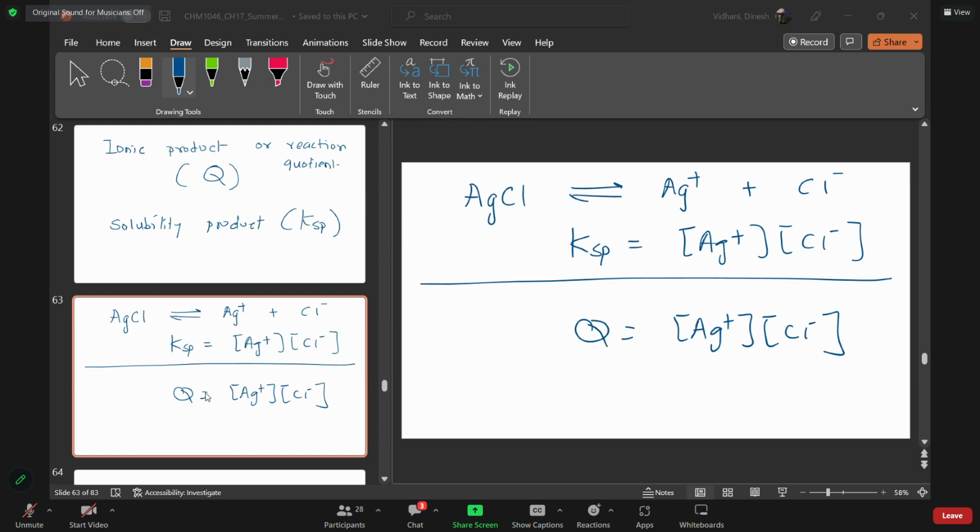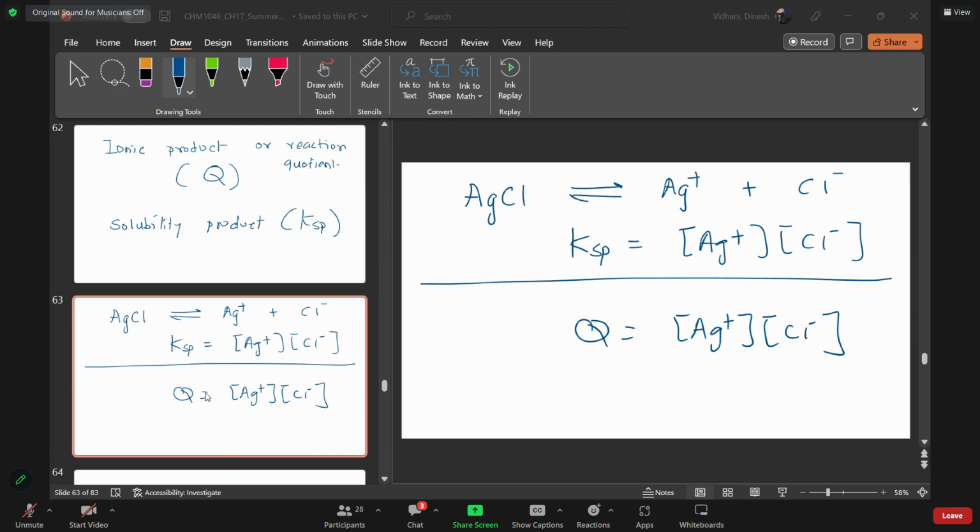Your ionic product tells you the concentration of ions not at equilibrium, but outside the equilibrium. So when I say outside the equilibrium, that means in real time, right? So while your reaction mixture is trying to attain equilibrium, while it has not yet reached that balance, that's where the Q lies, right?